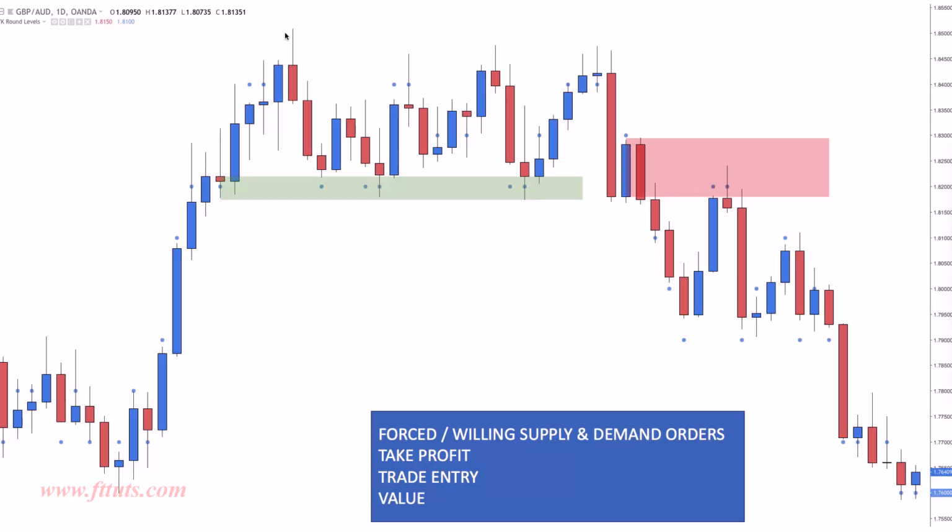So if you're selling, then you'll be looking to take profit, and this is forced buying at this round number. And if you're looking to just enter a new trade, then this is willing buying at this area. And from a value perspective, this is value buying, which is what we do. So net we should have more demand at this level.